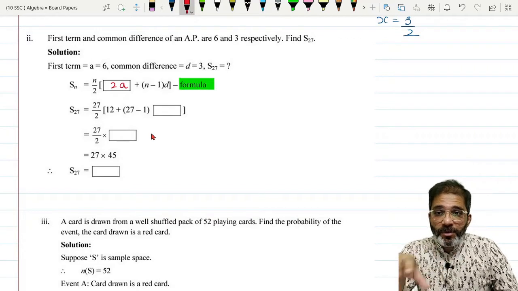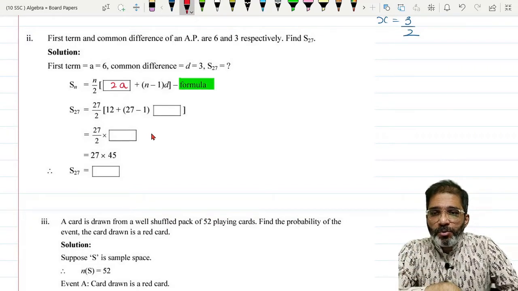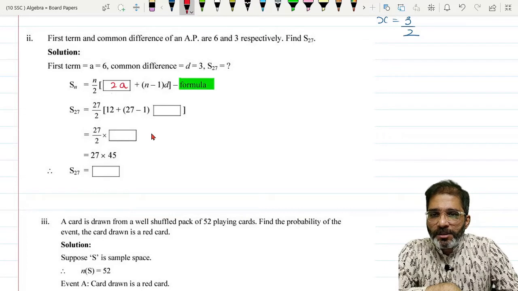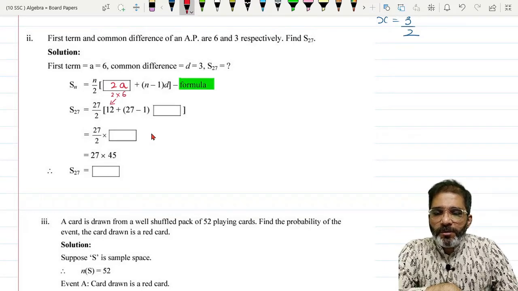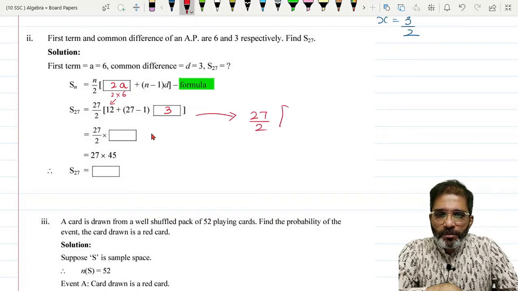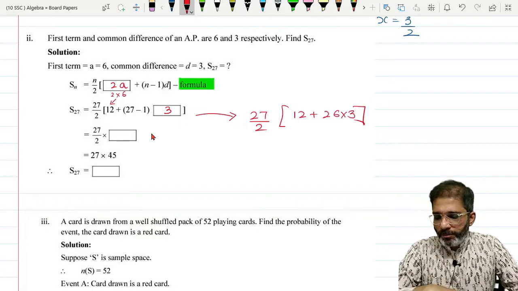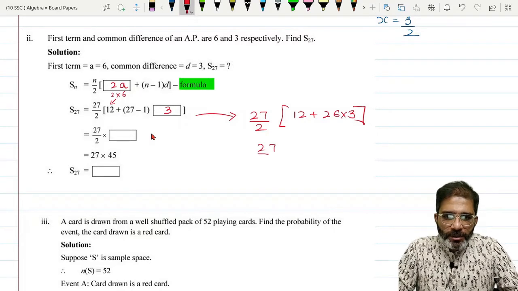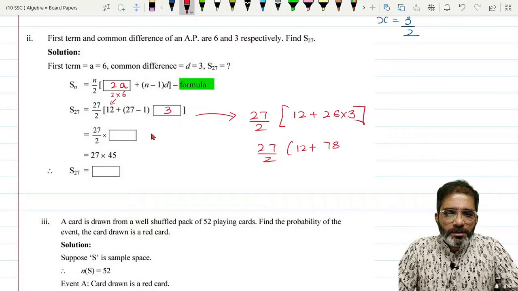In the second step you have done the substitution. So it is 2a, the value of a is 6, so it is 2 into 6 in this particular step. 27 minus 1, the value of d is 3. Okay, now when I solve this further, what I'll get, 27 upon 2, this is 12 plus 27 minus 1 is 26 into 3, so that is 27 upon 2, 12 plus 78.